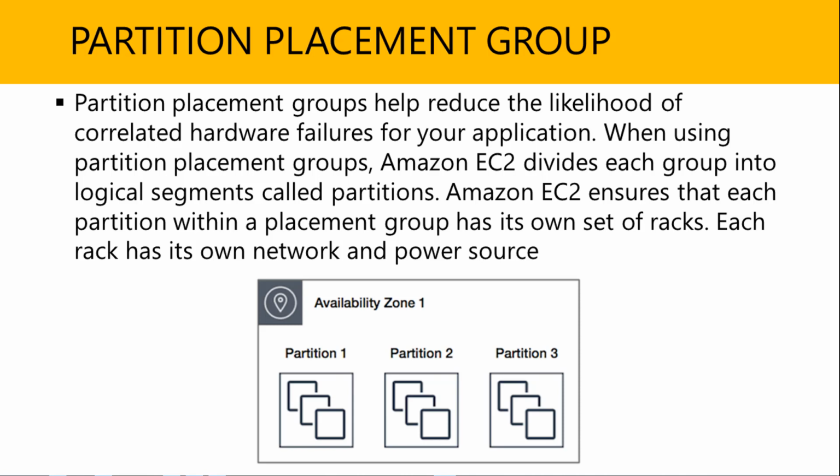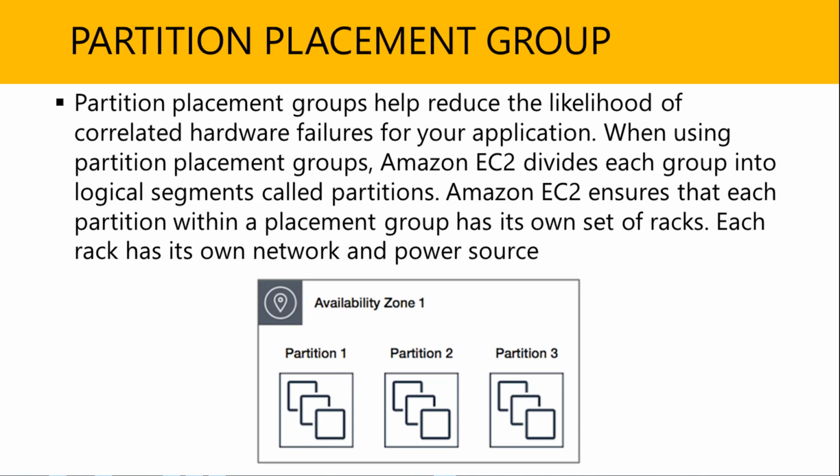In this particular example, the image below is a simple representation of a partition placement group in a single availability zone. It shows you the instances that are placed into partitions. A placement group with 3 partitions, 1, 2, and 3. Each partition comprises multiple instances, and they do not share racks.